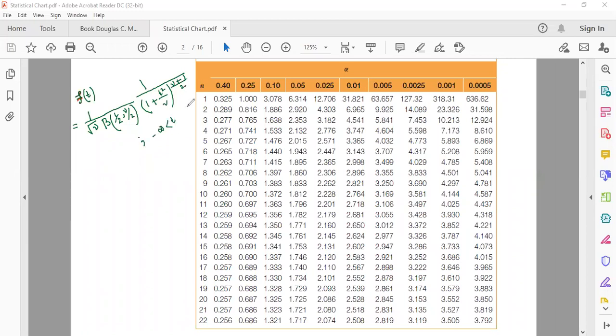Something like this is the shape of the probability density function of the Student's t distribution. This is the beta function. You studied the beta function, beta(m, n), in the first semester course. So this is the beta function, and t is a variable fluctuating over the real line.